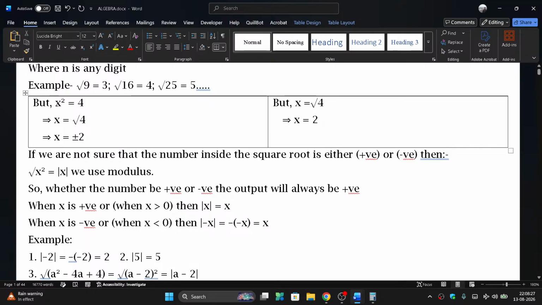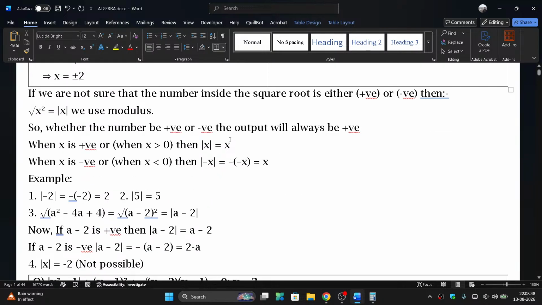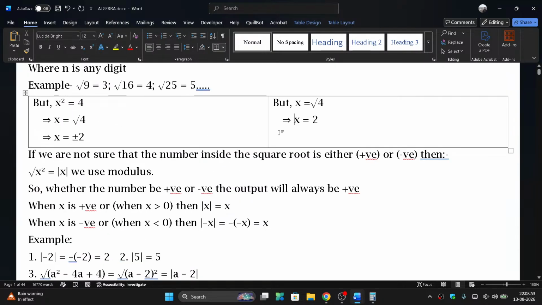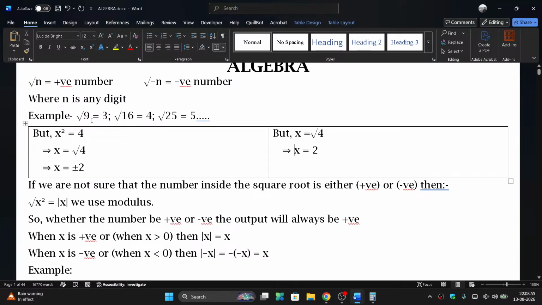But as x square equals 4, then x would have to become root over of 4, and then x's value will be plus minus 2 both. X's value is both plus 2 and minus 2. But if the question starts with x equals root over of 4, then x's value would be only 2.